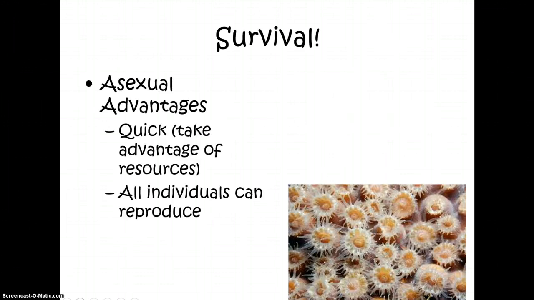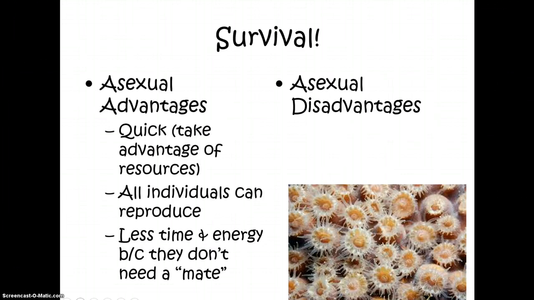Now I'm going to talk about the advantages and disadvantages in terms of survival for asexual. Please note that both columns here are asexual reproduction. The column on the left is advantages, the column on the right is disadvantages. So in asexual reproduction, the advantage is it is quick.